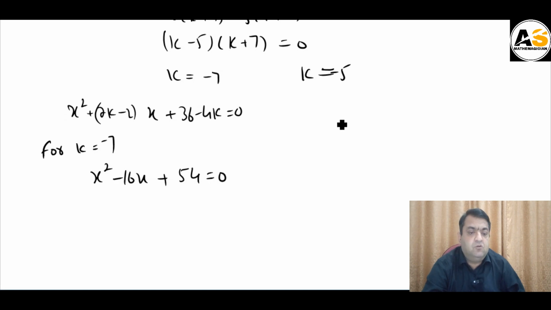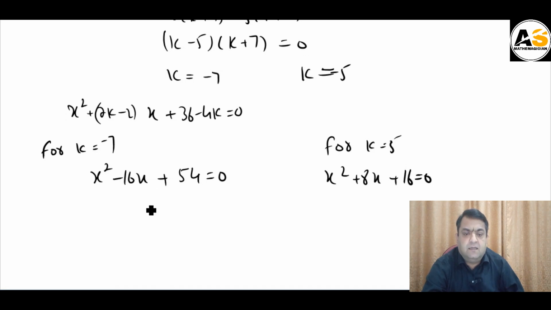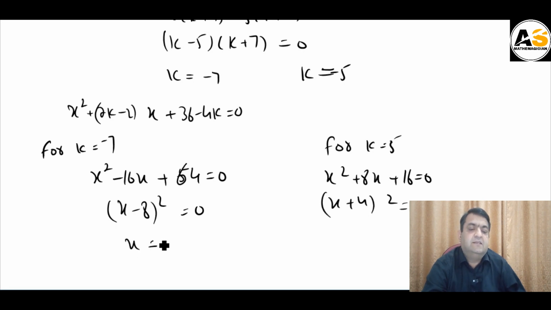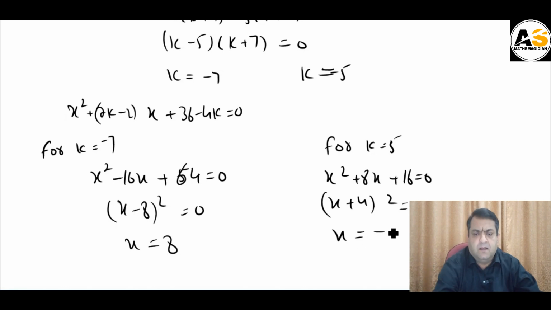And for k is equal to 5, this equation will become x square plus 8x plus 36 minus 20, 16 is equal to 0. This is x minus 8 whole square and this is x plus 4 whole square. This will give me x is equal to 8 and this will give me x is equal to minus 4.